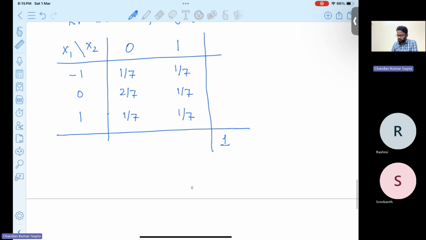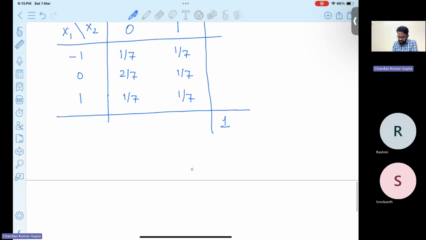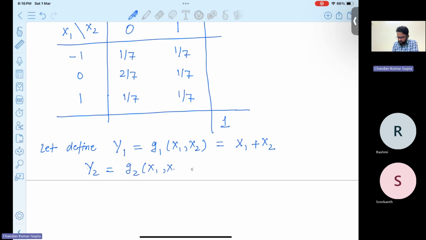So let's define here a random variable y1, which is defined via g1 of x1, x2, and the functional form is x1 plus x2. And also y2, which is g2 of x1, x2, and this is defined as the product of the two random variables.